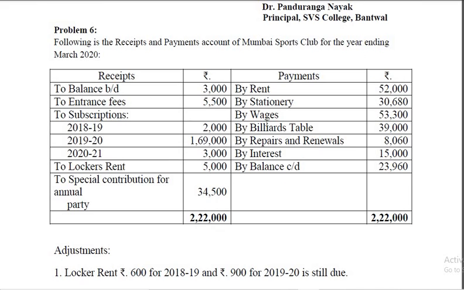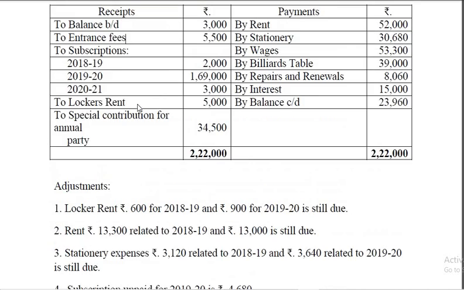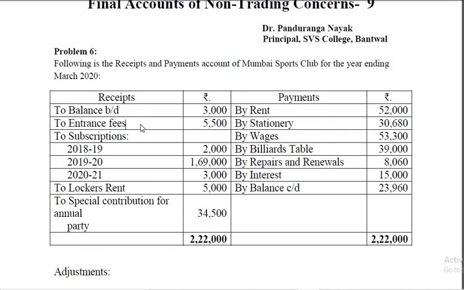We come to the receipts and payment account. Balance brought down will not come to the income and expenditure account. That will be taken in the opening balance sheet, and we are not preparing a balance sheet. We are preparing only the income and expenditure account. Entrance fees: nothing has been mentioned here. Therefore, we'll take it as a revenue receipt.